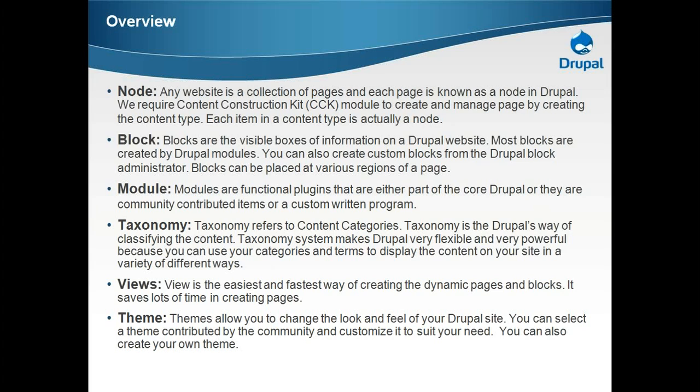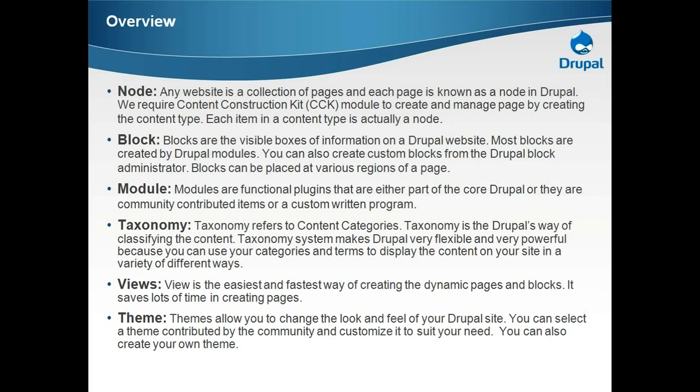So the most important thing in Drupal is a node, because it's a content management system. So content is a page. Any website is a collection of pages. So each page in Drupal is known as a node.